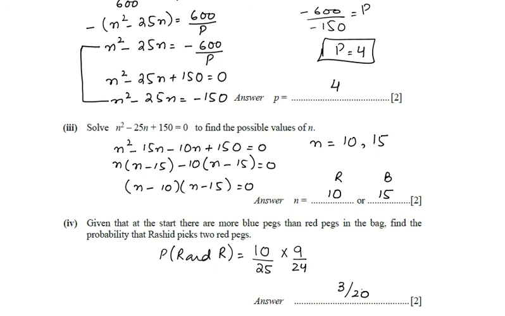So to find the probability of red and red, we take 10 upon 25, because in the question it was given that we have 25 bags in total. So 10 upon 25, and for the second red it will be 9 upon 24. Now when we simplified it, we have got the final answer as 3 upon 20.